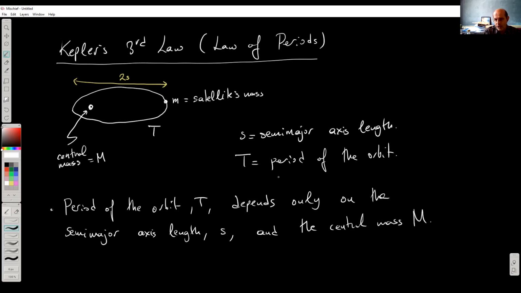Okay, so we have talked about this thing. Especially these kind of orbital parameters, anything that's related with the motion of the satellite does not depend on the satellite's mass, right? Satellite's mass is actually irrelevant. So there are only two parameters in here, the semi-major axis length and the central mass.